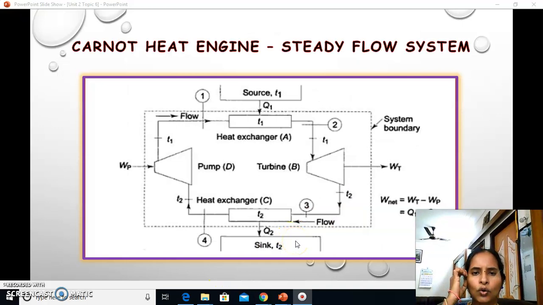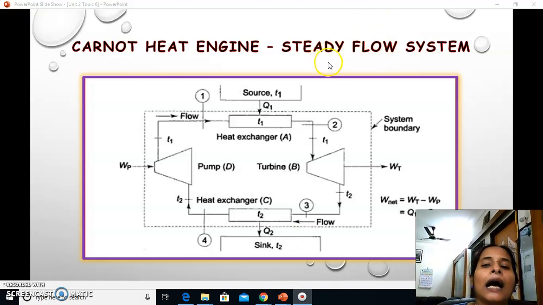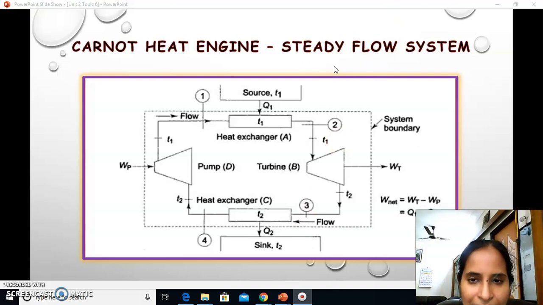So this Carnot engine is considered as a steady flow system. What we mean by steady, as we already discussed in the first unit, is that no property changes with respect to time: mass in is equal to mass out, energy in is equal to energy out.